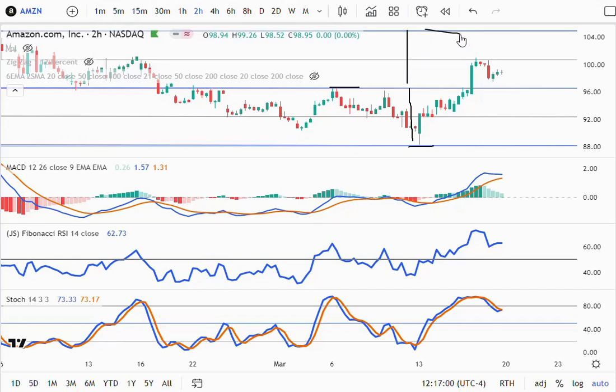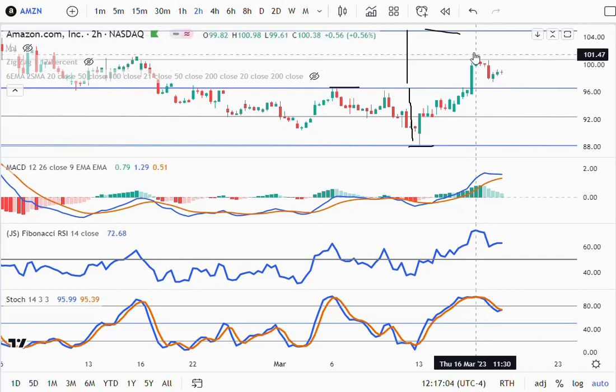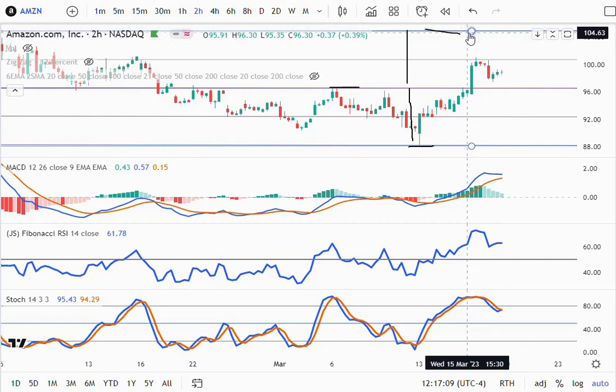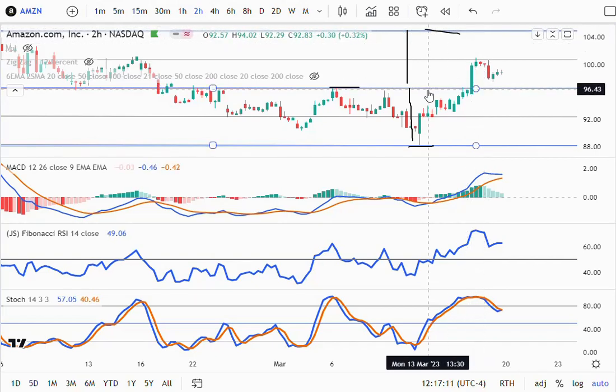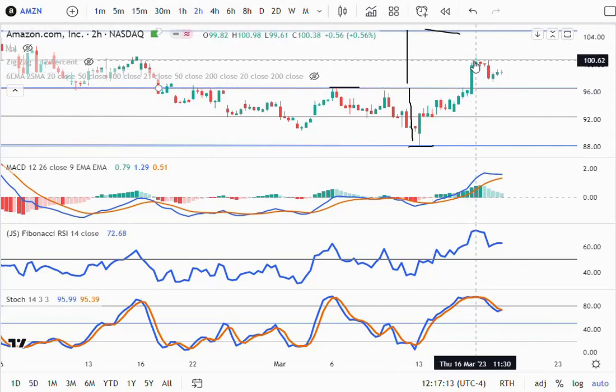So this level is the ultimate target, which is around 105. But this is basically the halfway. This level right here is the halfway between this level and this level. So this is going to be a resistance, which is around 101. So if it's able to get through 101, I would target 105.